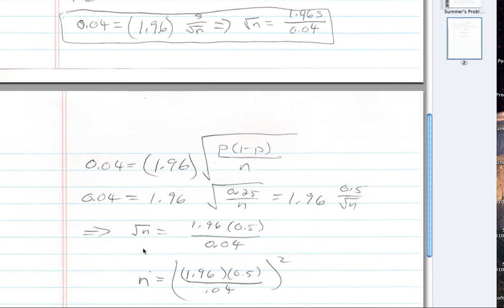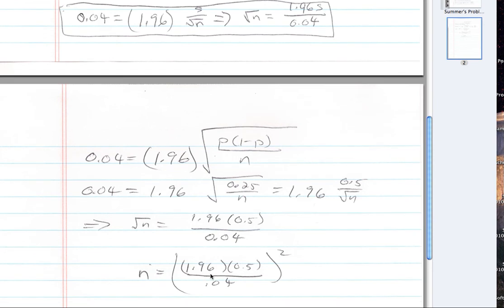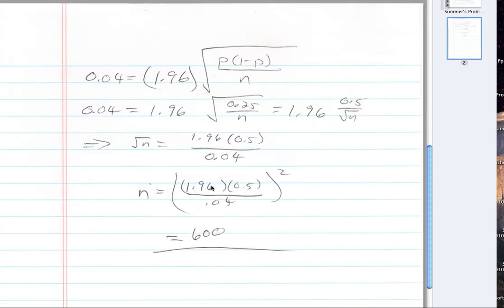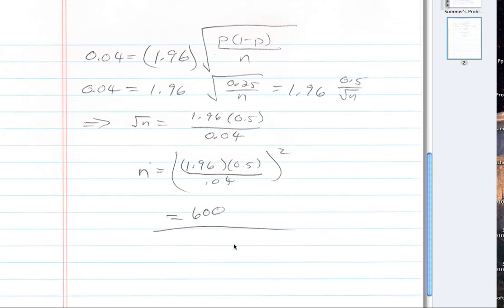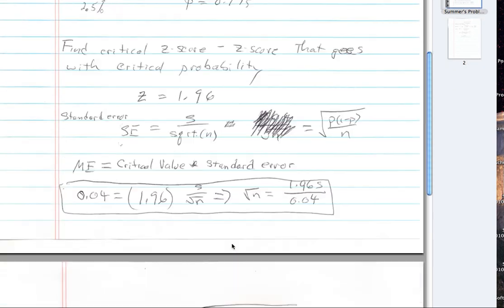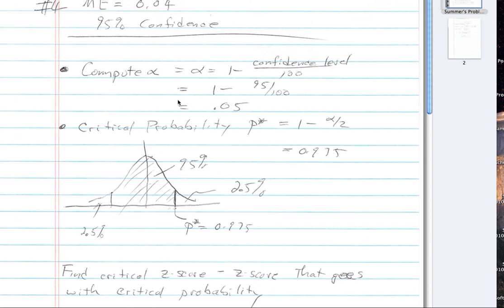So n is then going to be equal to the square of this value, 1.96 times 0.5 divided by 0.04, the whole thing squared, which comes out to be 600. So that is the value of n that gives us the margin of error of 0.04 with a 95% confidence interval. Okay, I hope that helps, Summer.